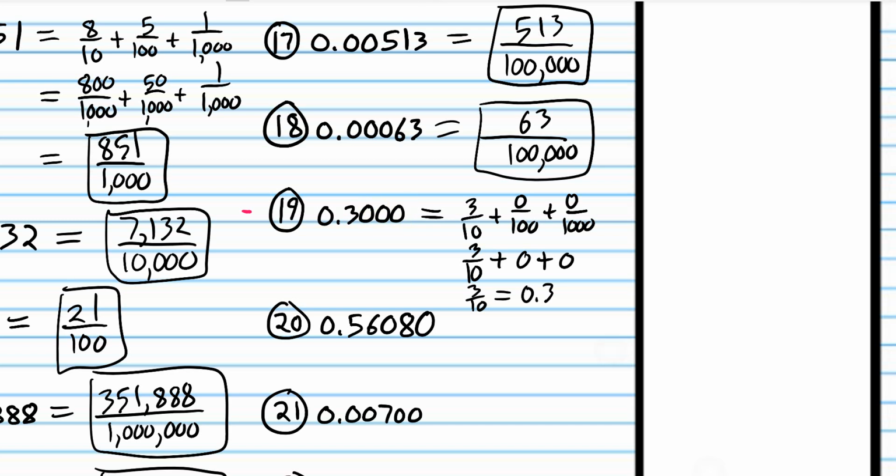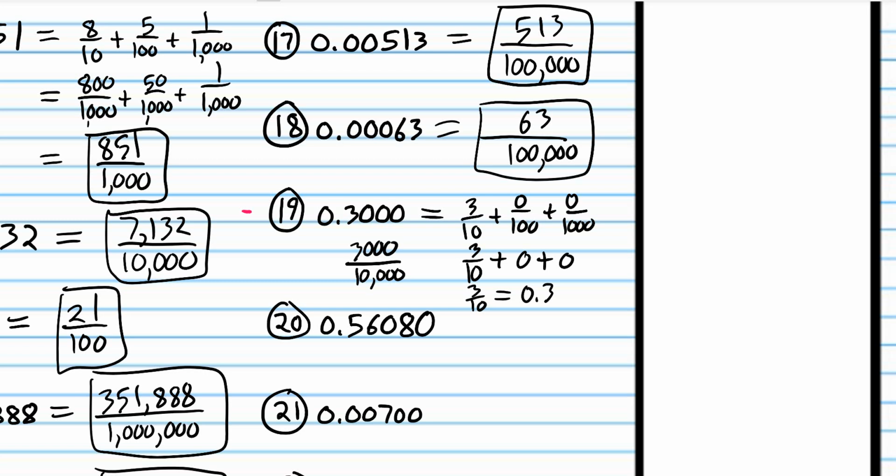So the answer is, you could write 3,000 over tenths, hundredths, thousandths, 10,000ths. But if you divide both sides by 1,000, you just get 3/10. So just be aware of that. These ending zeros, they don't really affect anything.